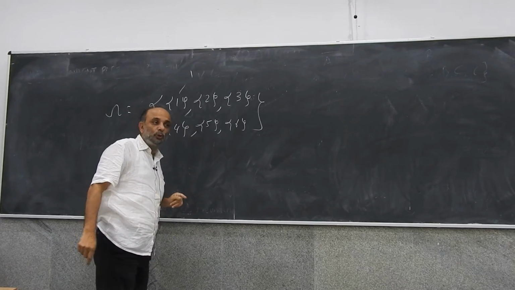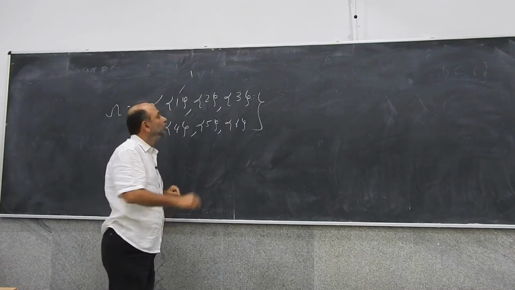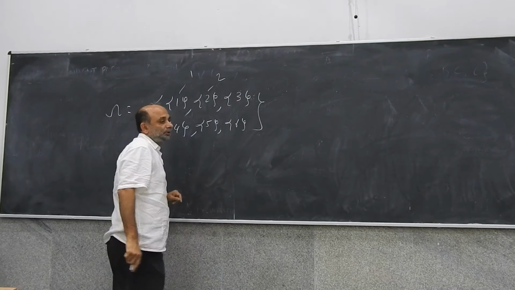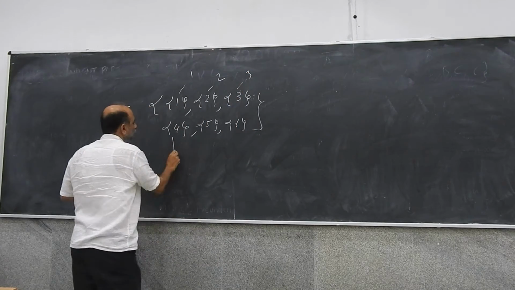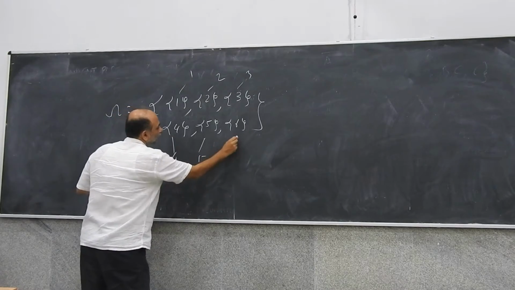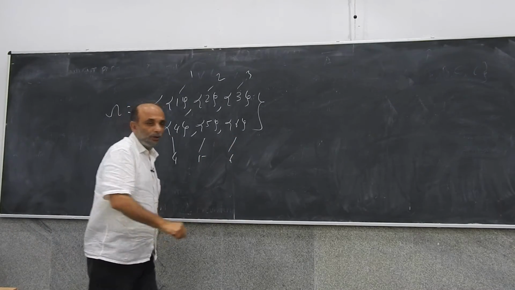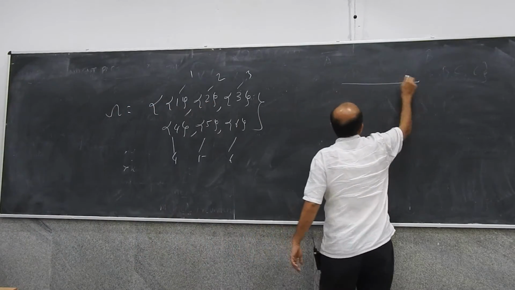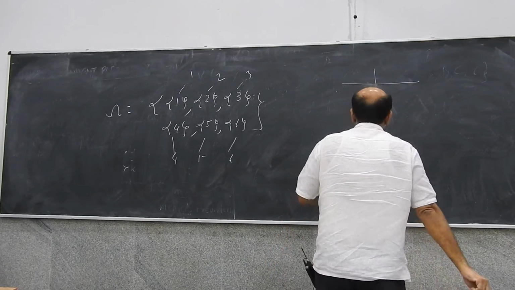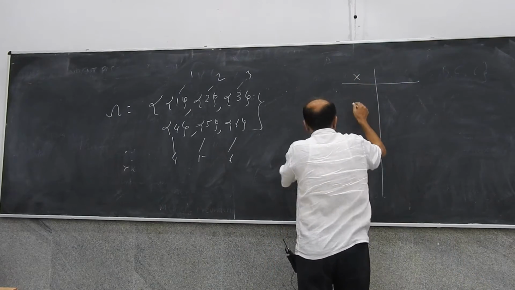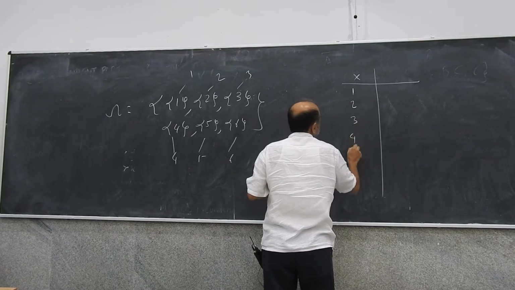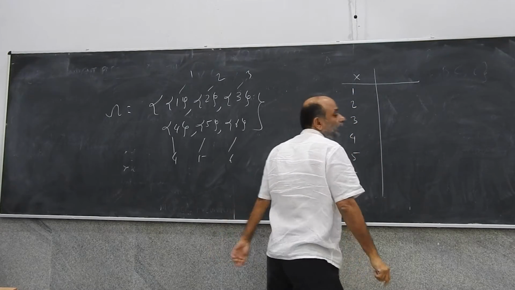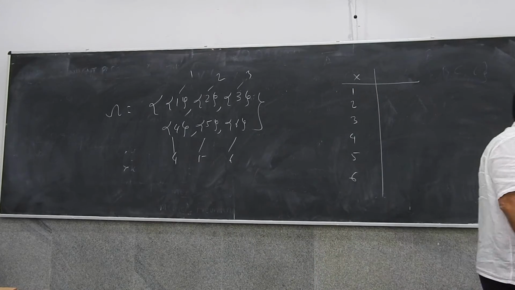If the outcome is 2, how much money do you get? 2. If the outcome is 3, how much money do you get? 3. If the outcome is 4, you get 4 rupees, 5, 6. So, what are the various values that my random variable will take? Yeah, x takes 1, 2, 3, 4, 5, 6.